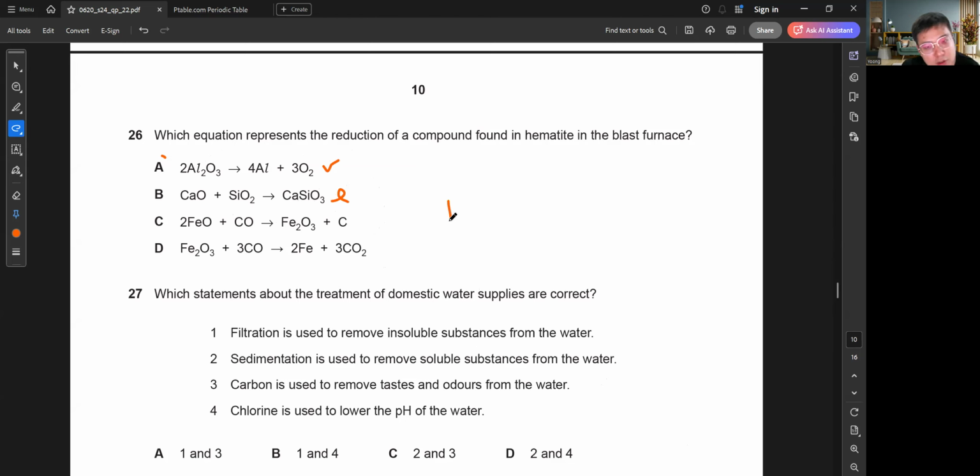This one does not look like it experienced any reduction because it still has oxygen, especially the calcium here. This one is not, because here it has oxygen, here it also has oxygen. Here, yes, at first it has oxygen stuck with the Fe, but coming out, there's no more oxygen. So A and D both are correct.